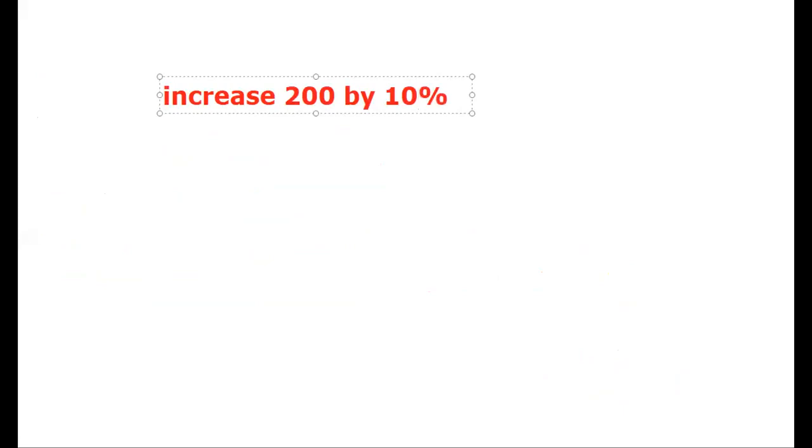Okay, so the next one is, in fact, a very simple one. Increase 200 by 10%. Let's see if you remember what we did just recently. Increase 200 by 10%. Before we move on to the next one.